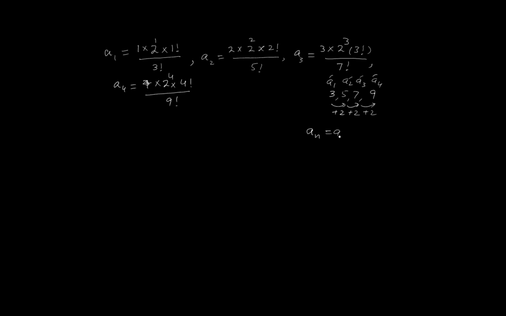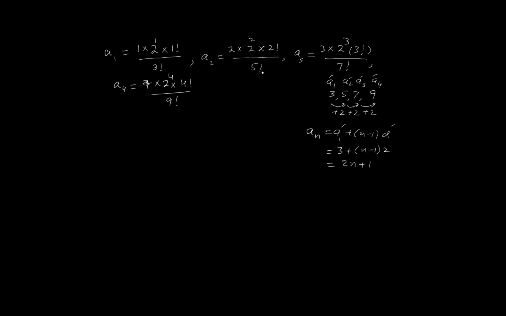So first term plus n minus 1 into d. And what is d? D is 2. So first term is 3. D is 2. So 3 plus 2n minus 2, that is 2n plus 1.